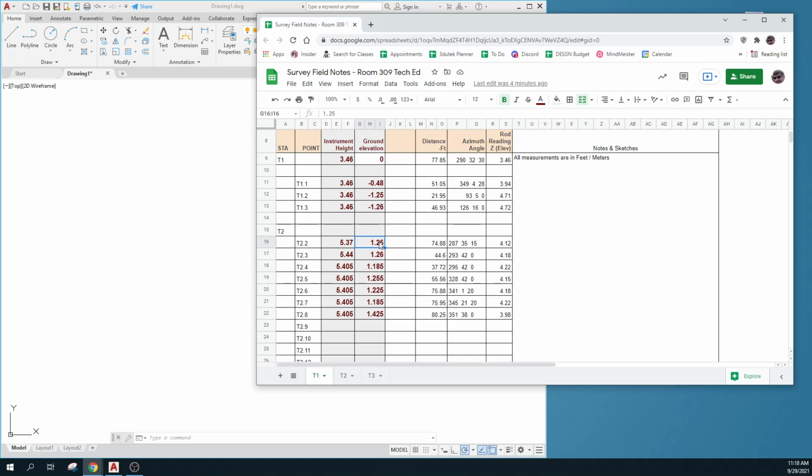Okay, so the height of my instrument is my ground elevation plus my reading. Over here it was my ground elevation plus my reading. So if I took my ground elevation, and that should have been a minus 1.25, and that should have been a minus 1.26. So these are not correct anymore.